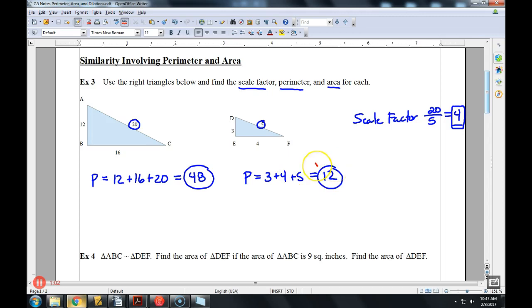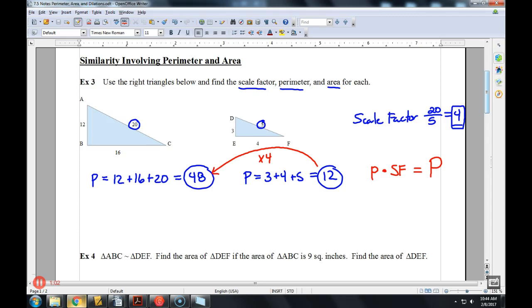The perimeter on the small one compared to the big one is 4 times bigger. So whatever the scale factor is, you multiply that by the small perimeter to get the large one. Perimeter times scale factor should equal the big perimeter. It just follows perfectly.